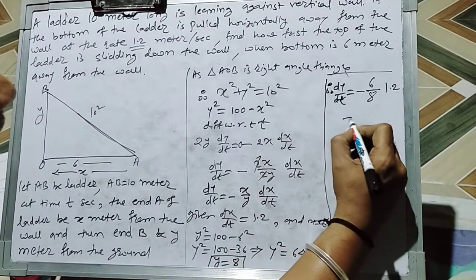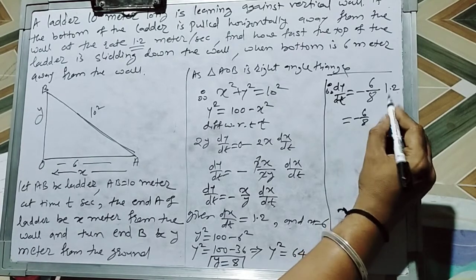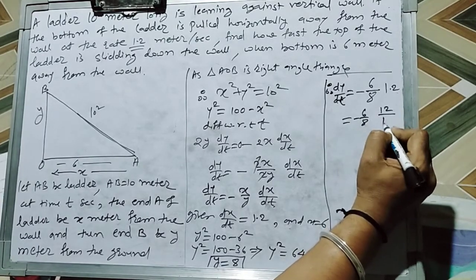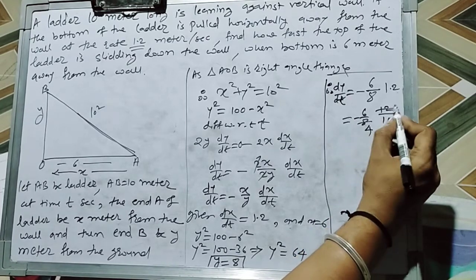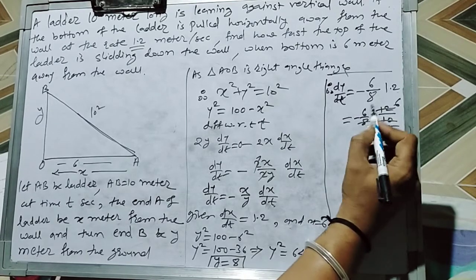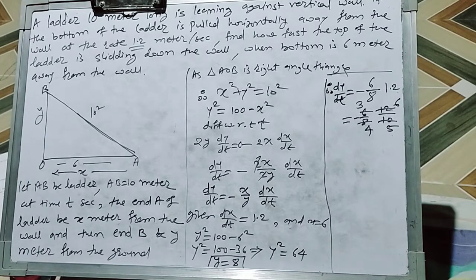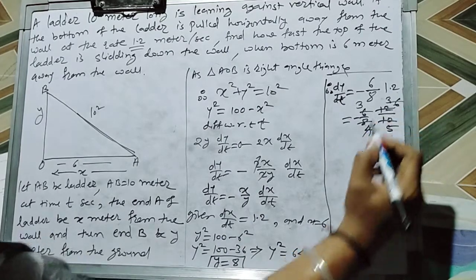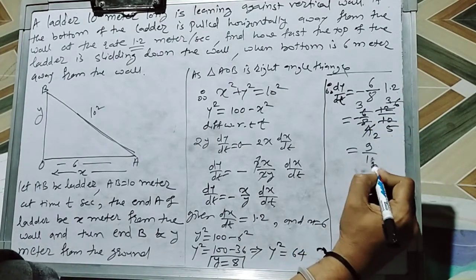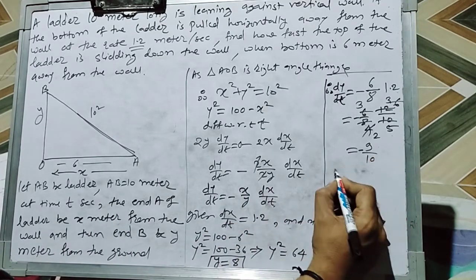So this is simply equal to minus 6 divided by 8 into 1.2, means 12 divided by 10. So this is equal to 9 divided by 10, and minus 9 divided by 10.